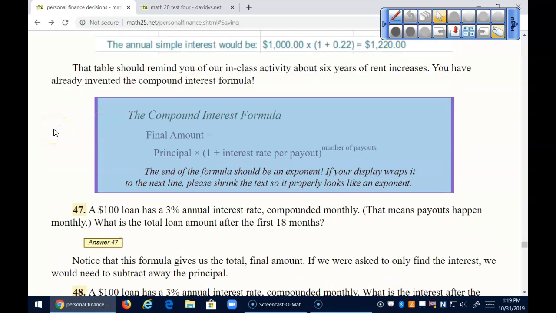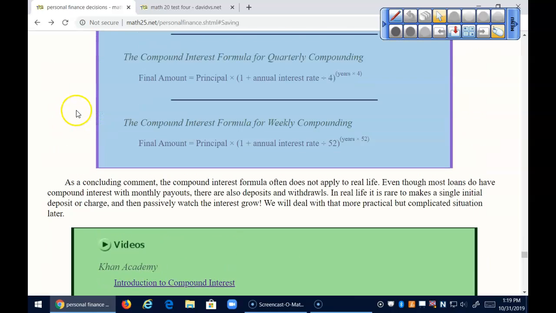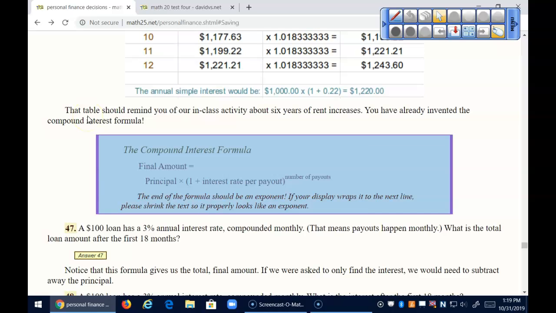Writing it as a formula, let's shrink it so it's not on 2 lines. I'm just going to let it wrap. The final amount equals the principal times the 1 plus trick, 1 plus the rate per payout, and then as an exponent, the number of payouts.